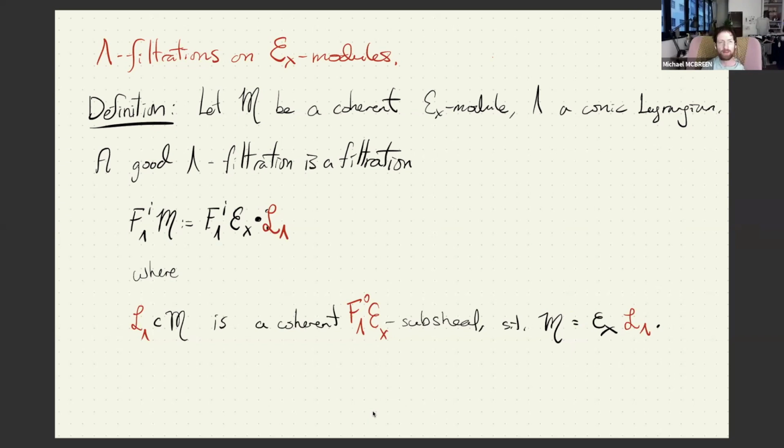Okay, so these are clearly different from the filtrations we use to define characteristic varieties, compatible with a different filtration on differential operators. But this condition here is formally the same.